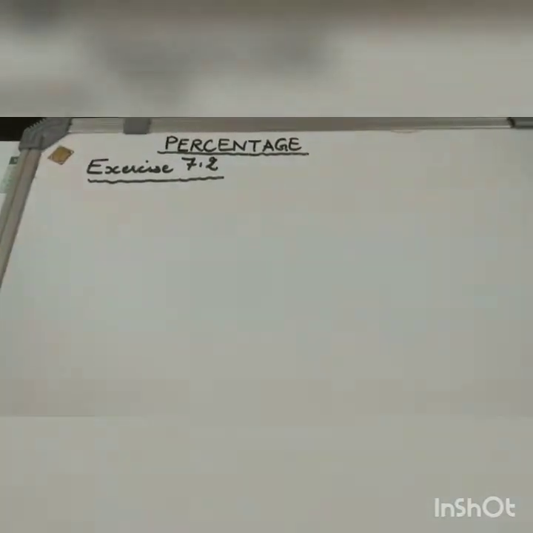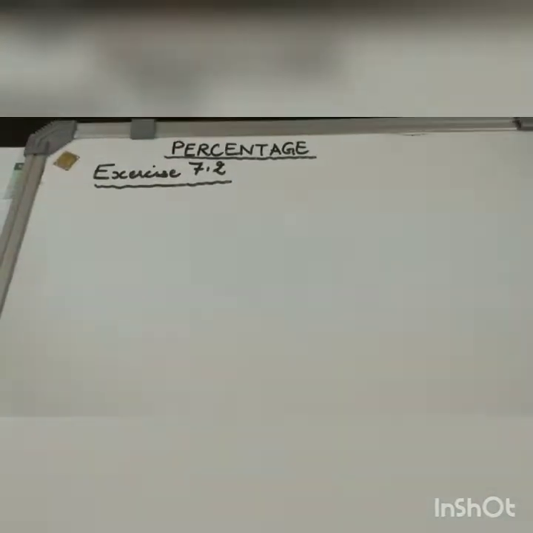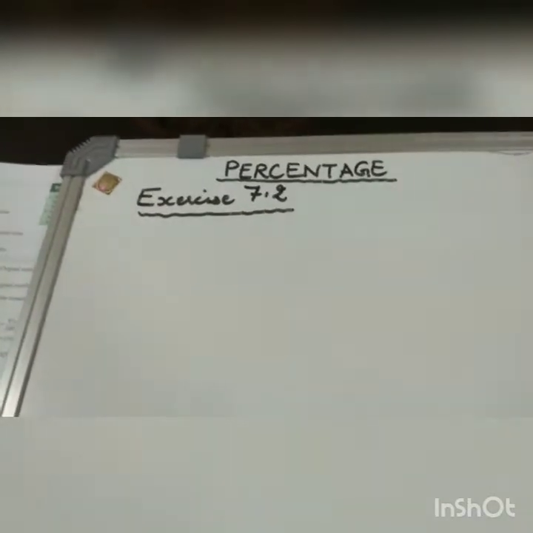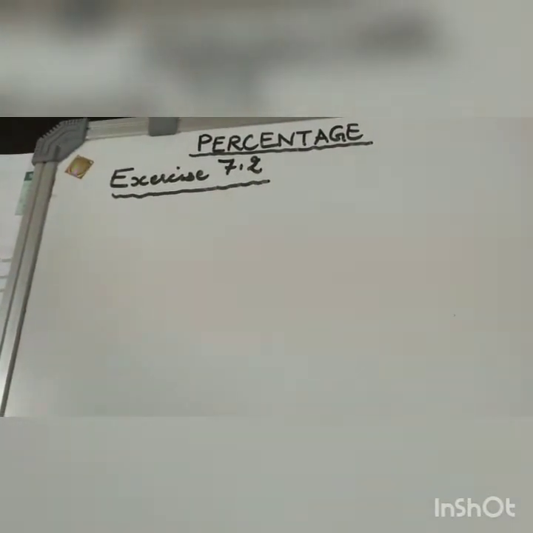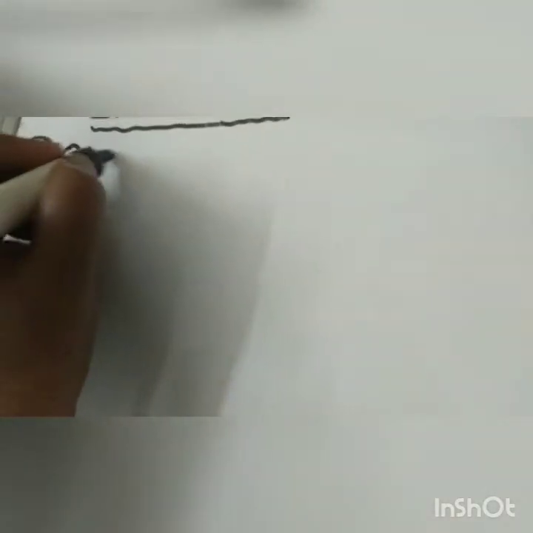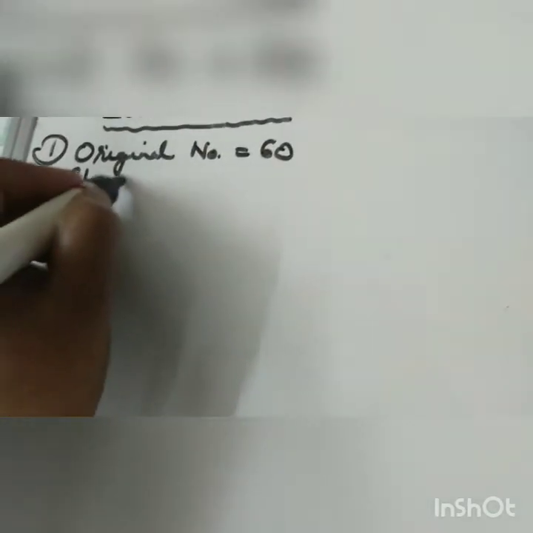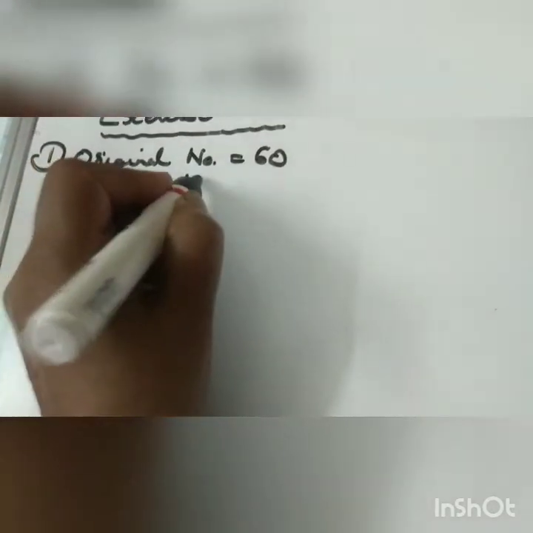Question number 1 is very simple. The question says, determine the percentage change for the following numbers. The numbers are 60 to 75. So the original number is 60. The changed number is 75.